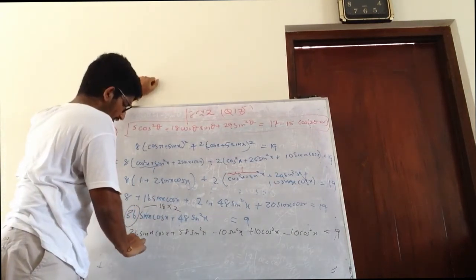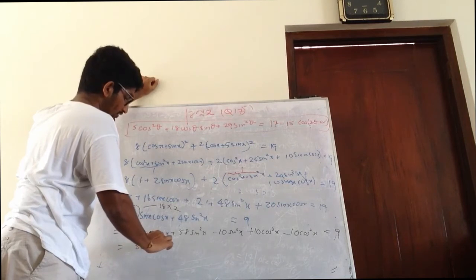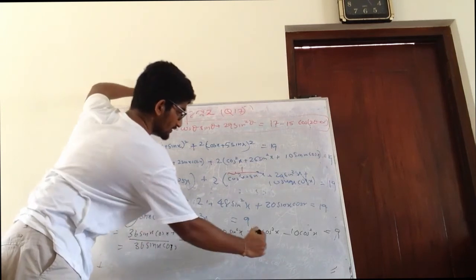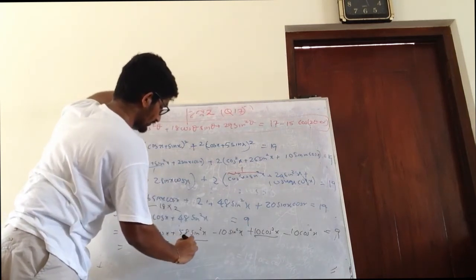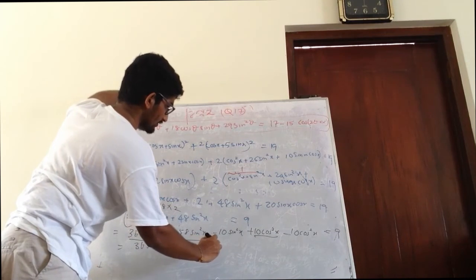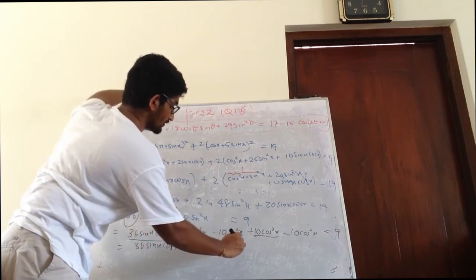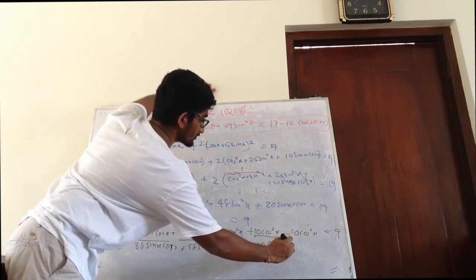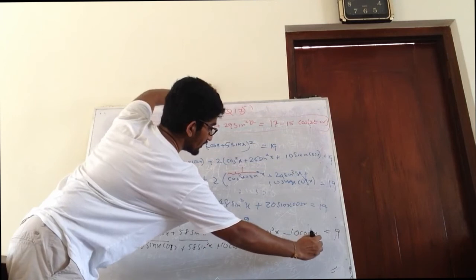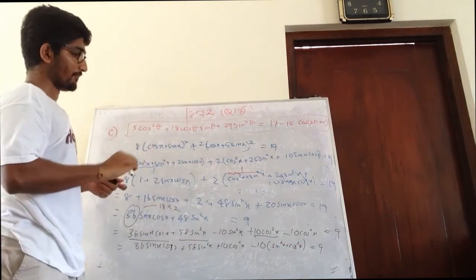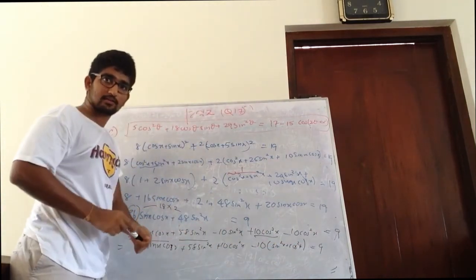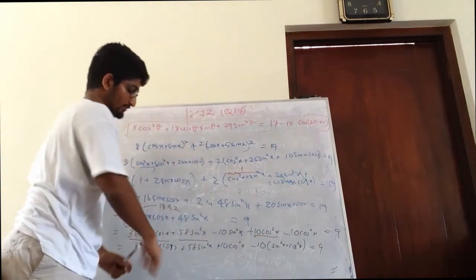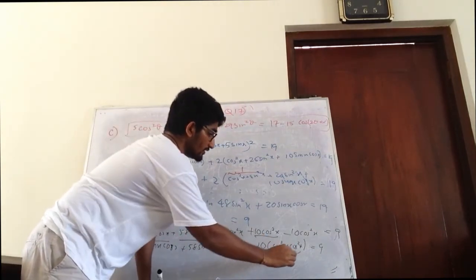So now this becomes 36 sin x cos x, then 58 sine squared x plus 10 cos squared x. And this I can write as 10 sine squared x plus cos squared x equals 9. Correct? Right? So this is basically 1.